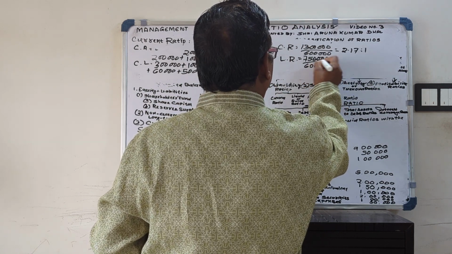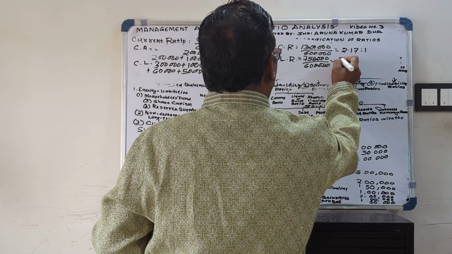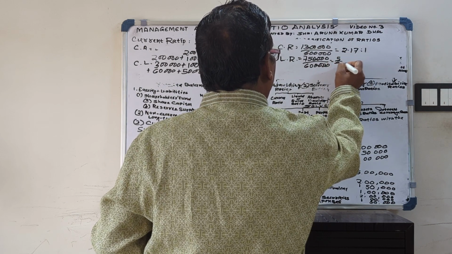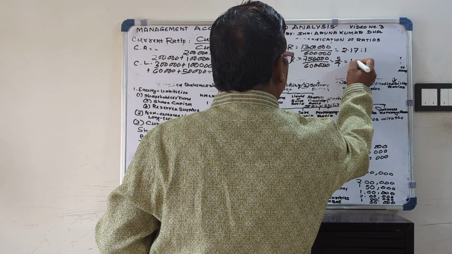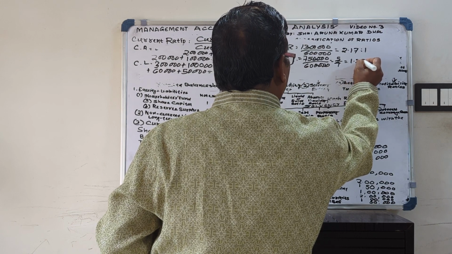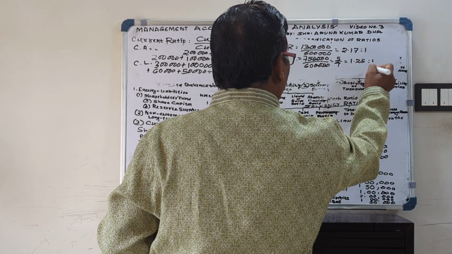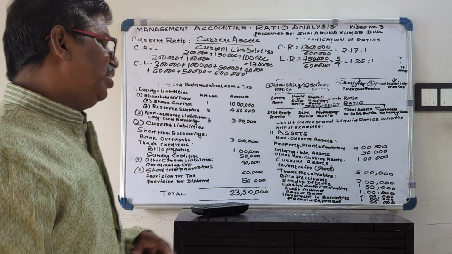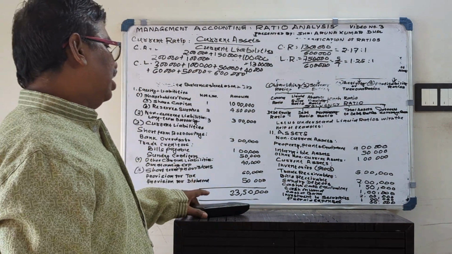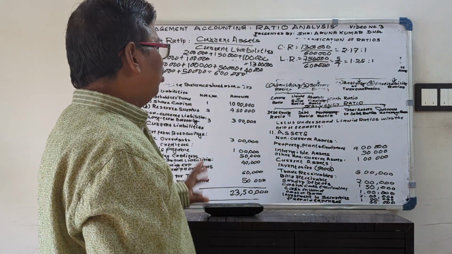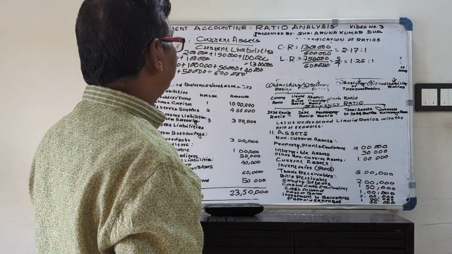So the ratio is 1.25:1. The ideal ratio is 1:1, that means liquid assets should equal current liabilities.